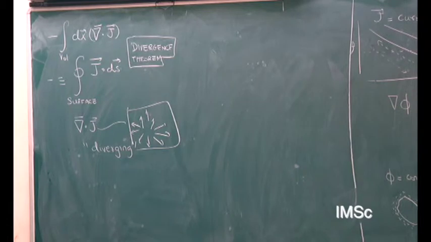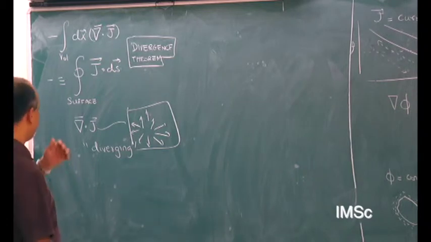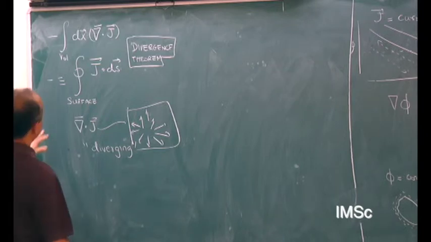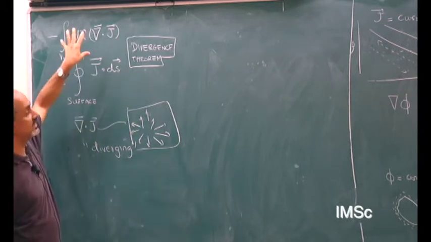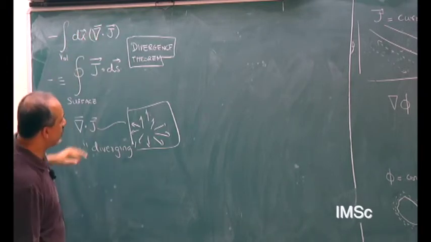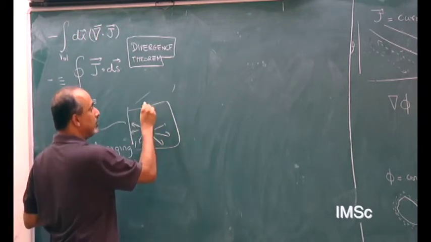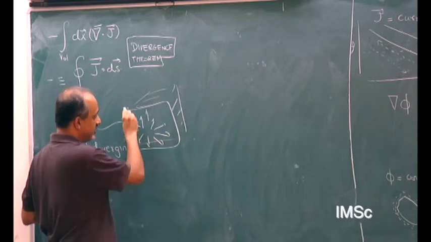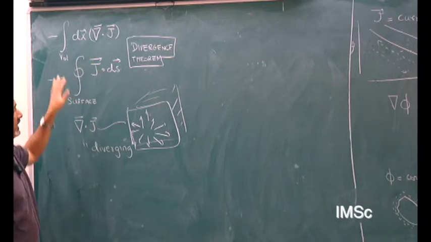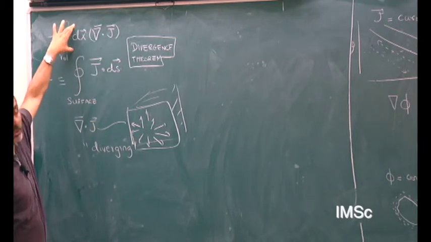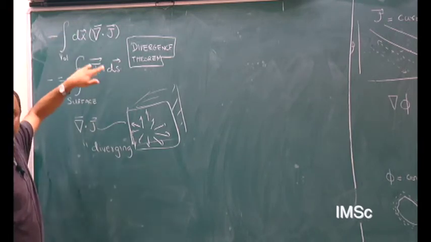You can convince yourself of that by taking an actual example. So this says that if I look at all the divergence of j inside this whole volume, then just by knowing what j is doing on the boundaries, on this surface, and this surface, and this surface, I can find out the behavior. This integral really is the same as this integral. This is a statement about j in the volume. This is a statement about j on the surface.